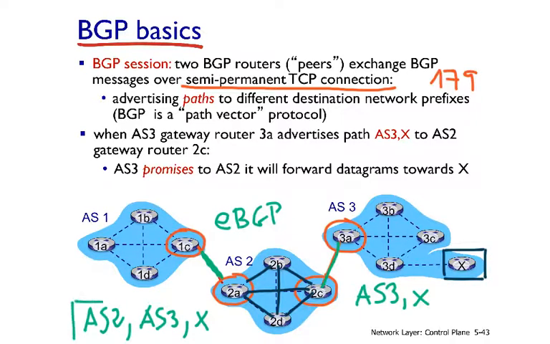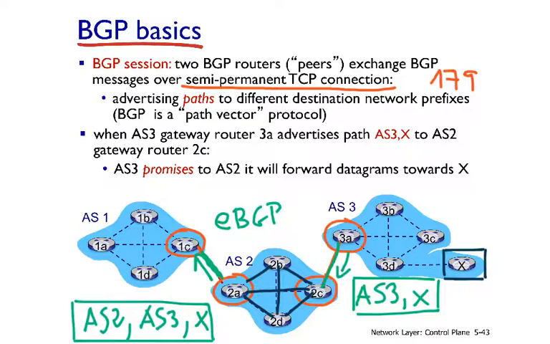So this path is sent from 2A to 1C. AS3 X is another path vector that is sent from 3A to 2C. Once 1C has this information, it is able to broadcast it to the rest of the nodes in the domain, and so on and so forth.